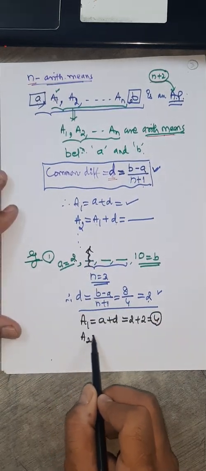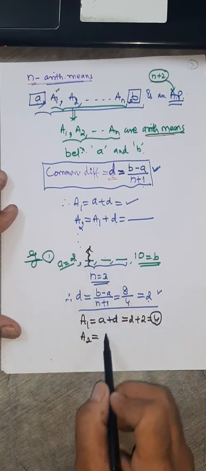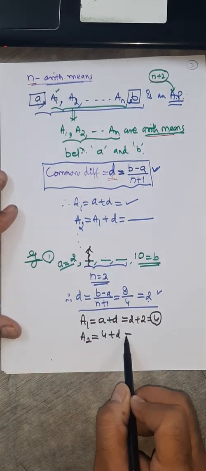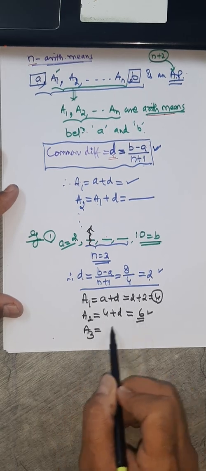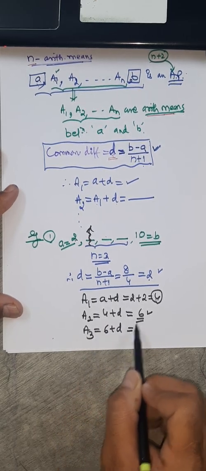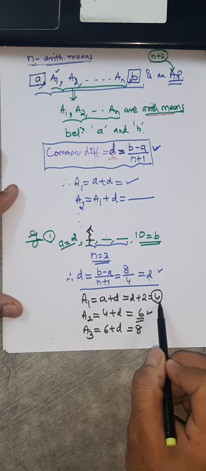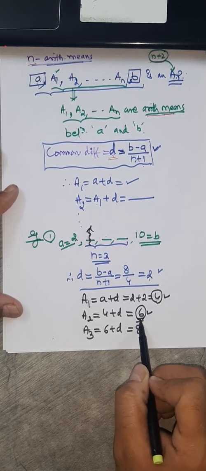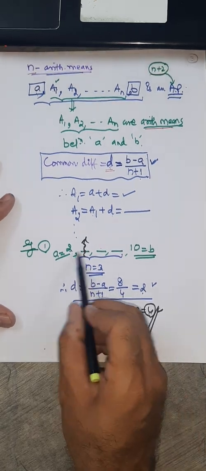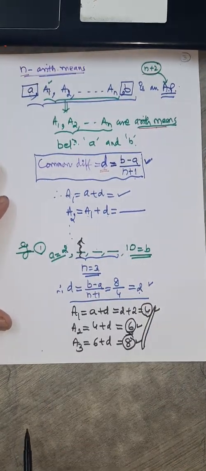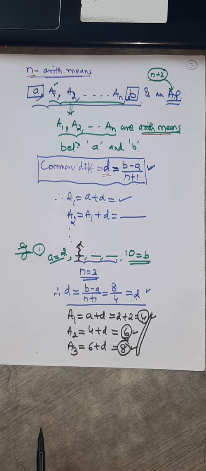What is A2? That is the previous one plus the common difference, 4 plus D, which is obviously 6. What is A3? The previous one plus the common difference 2, so 8. So 4, 6 and 8 are the three means between 2 and 10, and the 5 numbers form the arithmetic progression.